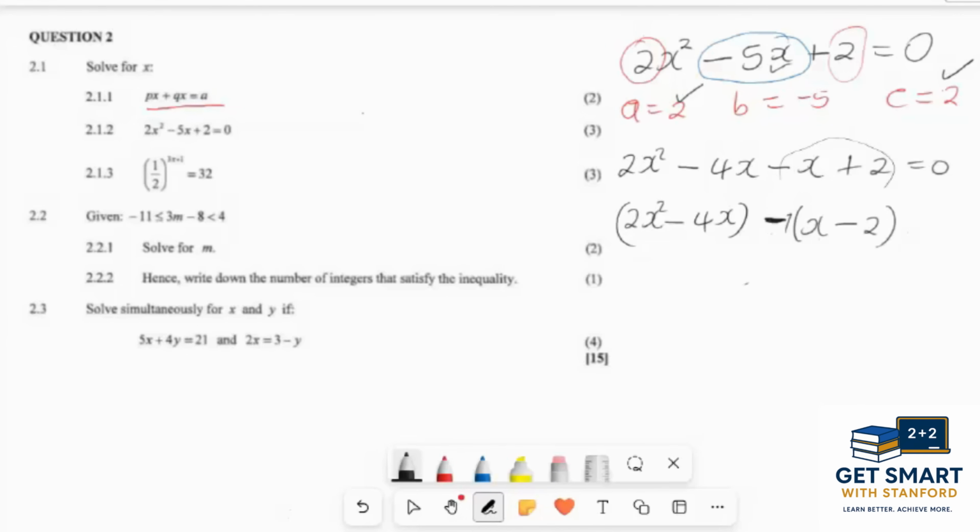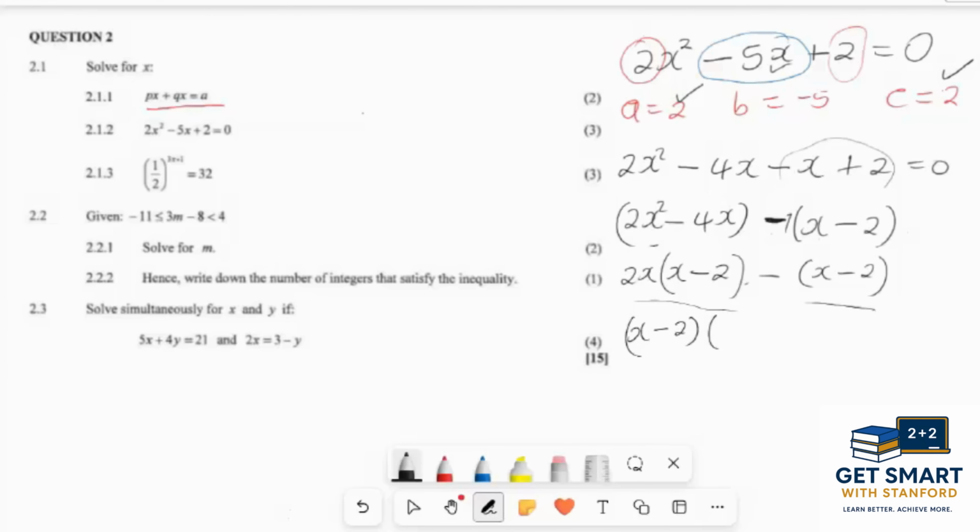And in these first brackets, we've got something which is common, which is 2x. If we take out 2x in the first term, we're going to be left with x, and in the second term, we're going to be left with just -2. We close the bracket. But when you look into these two terms now that are separated by a minus sign, we still have something which is common, and that is x minus 2.